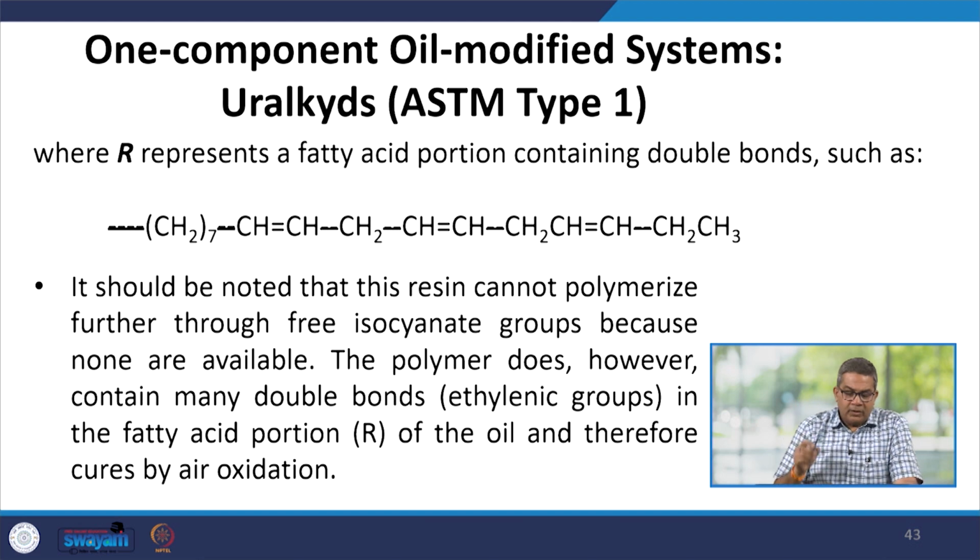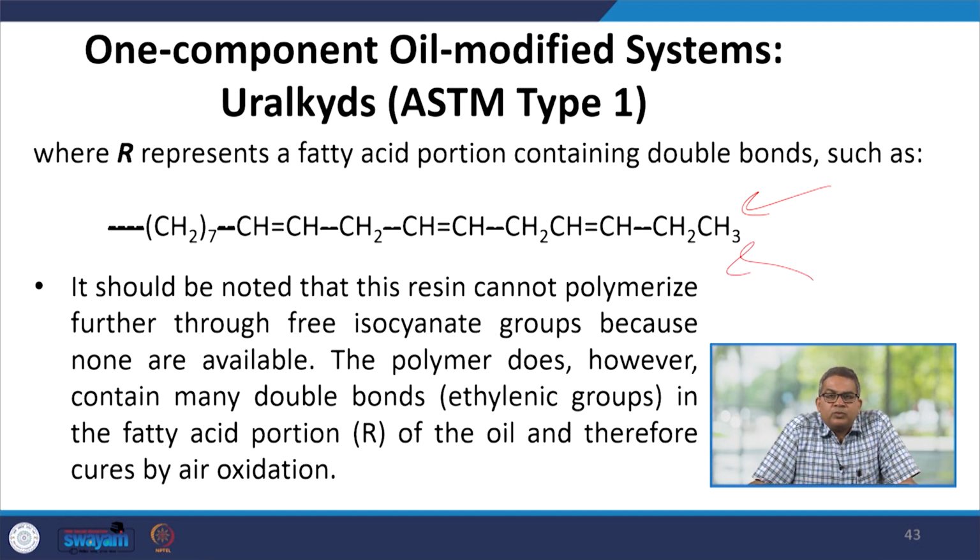Now, here you see that this represents the fatty acid portion with a double bond like this, and it should be noted that this particular resin cannot polymerize further through the free isocyanate group because none are available. Here you find none is available.